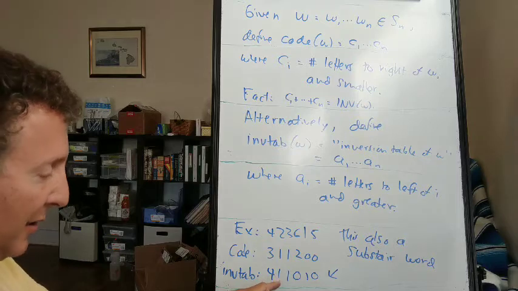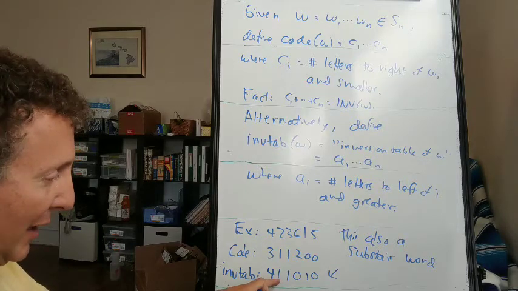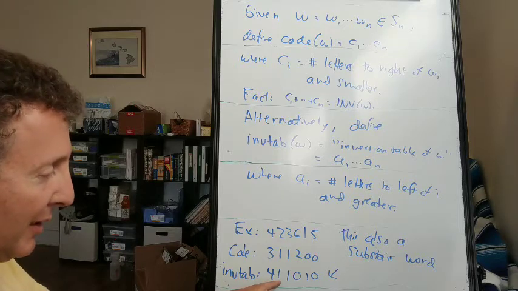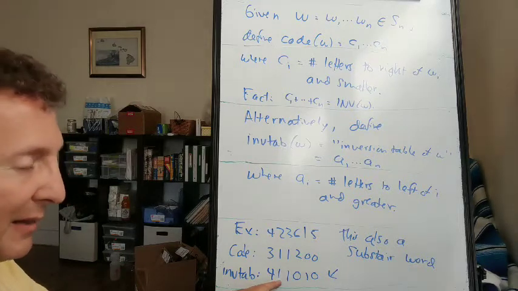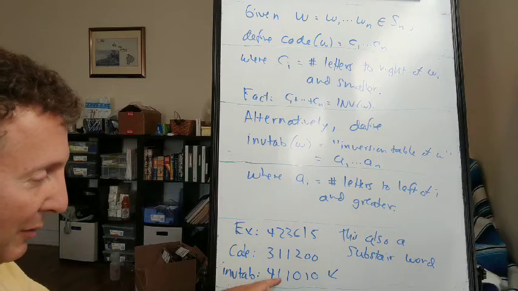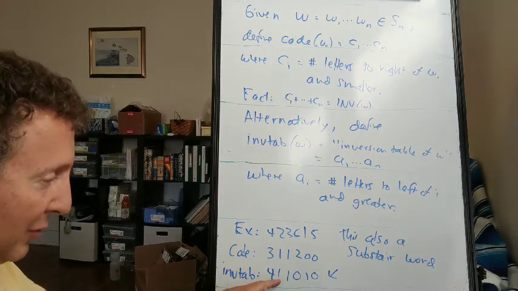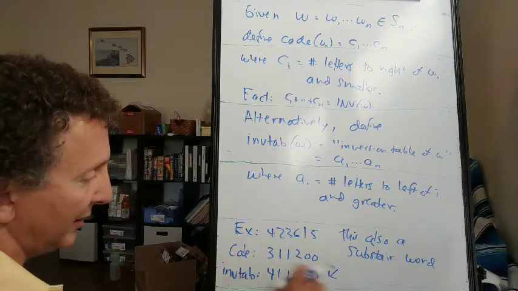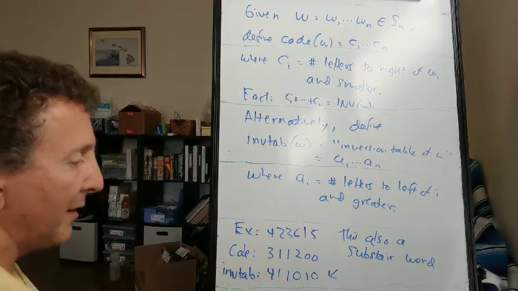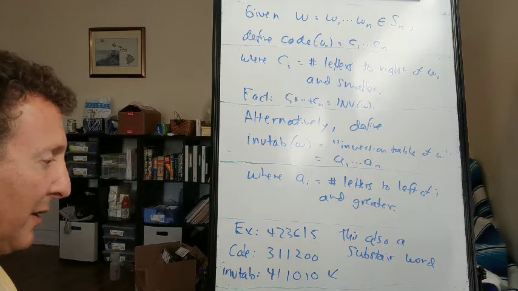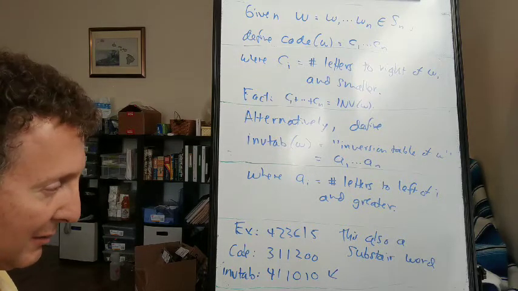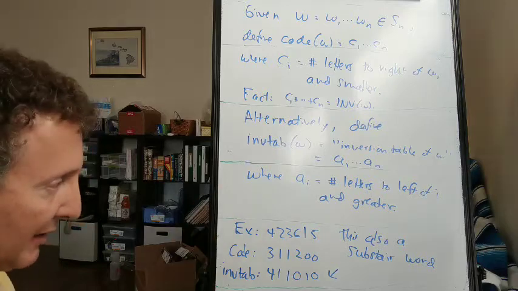Then the second letter is between 0 and n minus 2, because this corresponds to the letter 2. And the maximum number of things that could be to the left of 2 and bigger than it is the number of letters that are bigger than it, which is n minus 2. Similarly, this is at most n minus 3, n minus 4, etc. And then we always end with a 0, because the number of things to the left of and greater than the largest letter is always 0, because it's the largest letter.